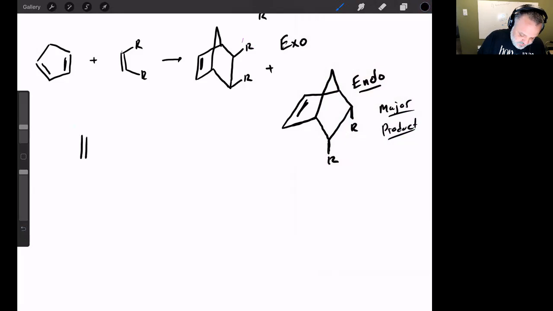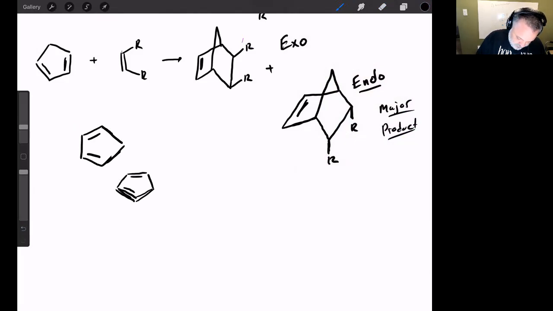One way is that the diene could line up, and what I want to do is flip this on its side. Let me see if I can draw a slightly better, more projected version of it.